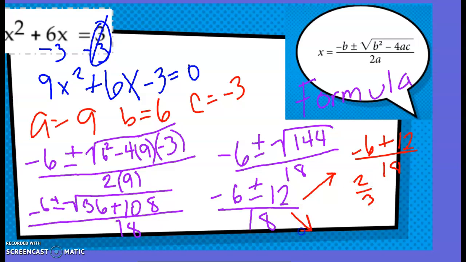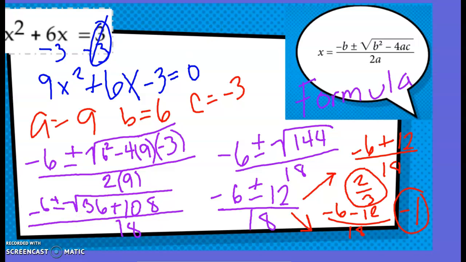The second one is going to simplify to negative 6 minus 12 divided by 18. That's going to be negative 18 over 18, so that will be negative 1. So your solutions are 2/3 and negative 1.